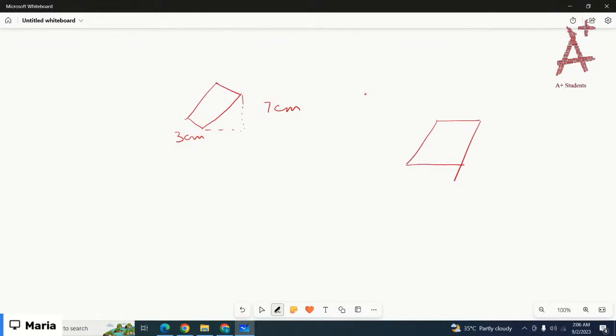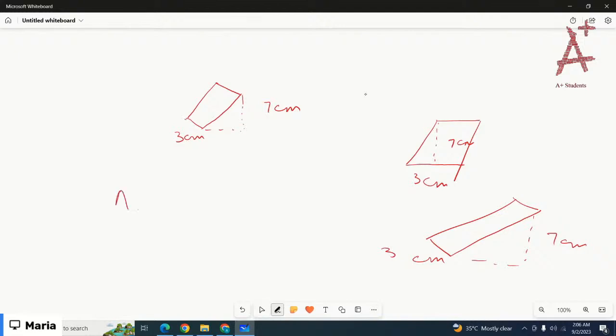Here is the height, that would be 7 centimeter, and here is the base, 3 centimeter. And then the last one you can make like this. This one is 7 centimeter and this one is 3 centimeter, right? You have to calculate the area of all three shapes.